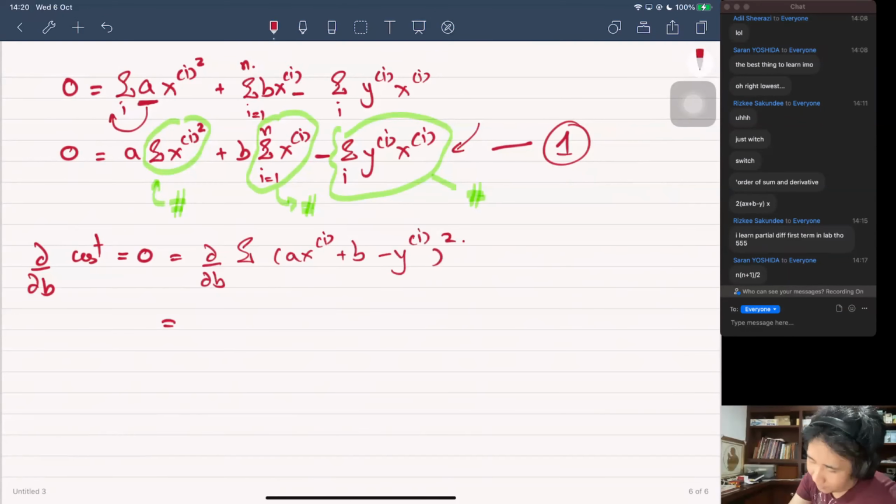Okay, help me do this. What is it equal to? Anyone? What do you do with the derivative and the sum?